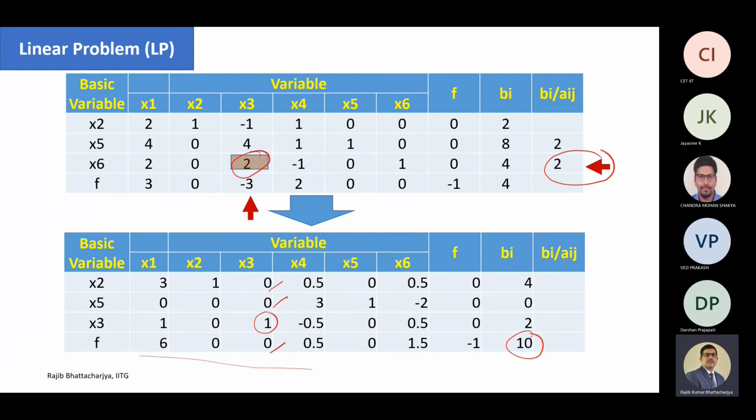That means you are getting an alternate optimal solution. Here also minus f equals 10 and f equals minus 10. So you are getting this particular solution. I hope this is clear. Here b is 10. I think probably he is asking about this one, but your solution is minus 10.